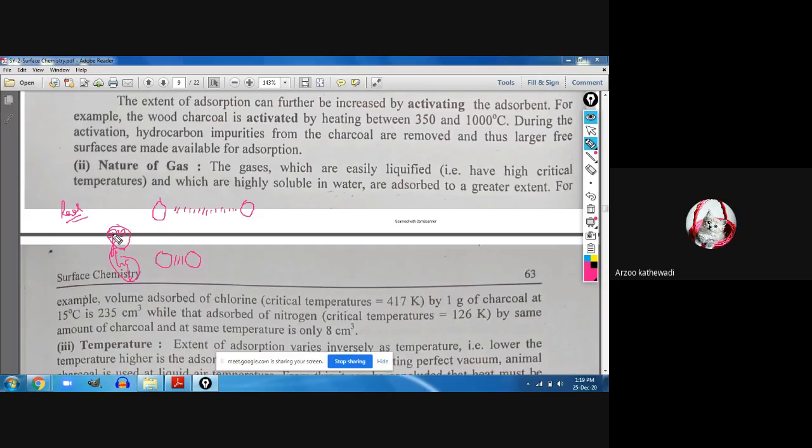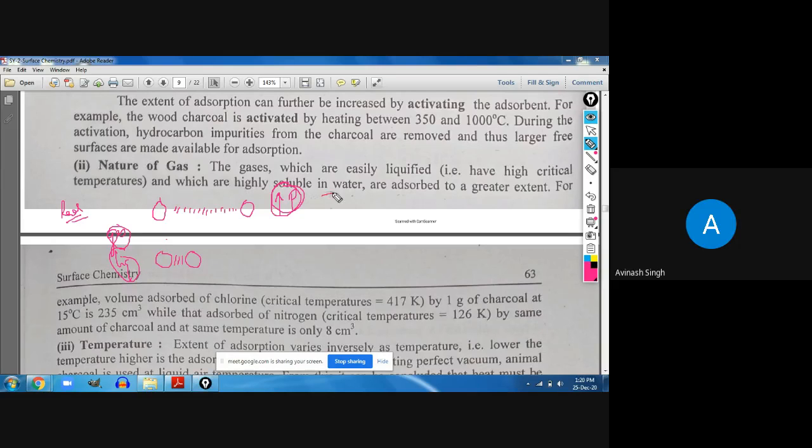Yes, sir. Okay. So when you want to convert a gas into liquid, I can do two things. I can increase the pressure. So what am I doing by increasing the pressure? I am bringing them closer. मैं उसको चारों तरफ से दबा रहा हूँ, तो उसकी वजह से जो मॉलिक्यूल्स हैं वो एक दूसरे के close आएंगे, right? So one way, if you want to liquefy a gas, you have to increase the pressure.